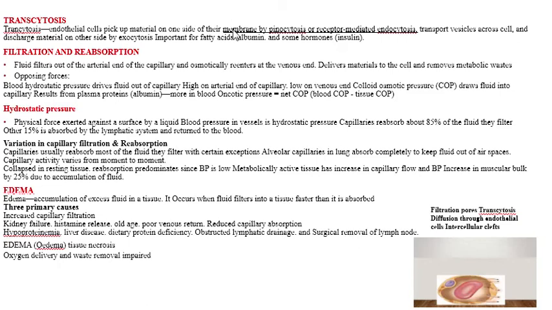So it filters, and then a significant amount of the fluid is reabsorbed. This is the process related to the capillaries that reabsorbs most of the fluid, as I said, 85%.